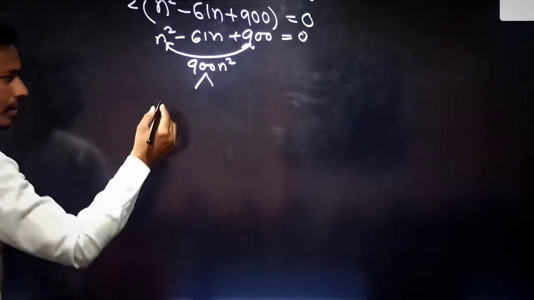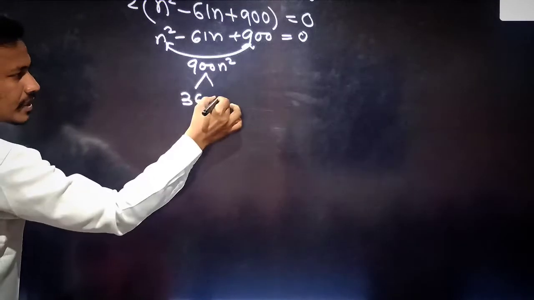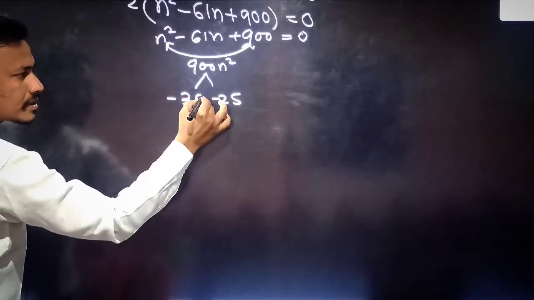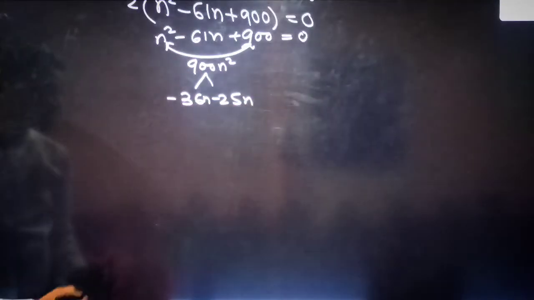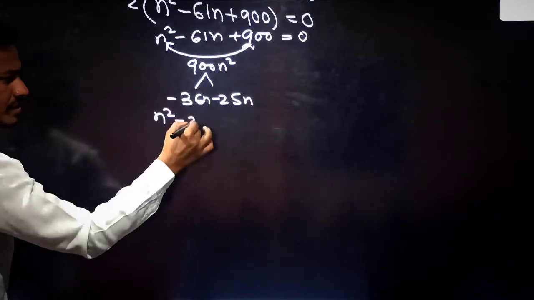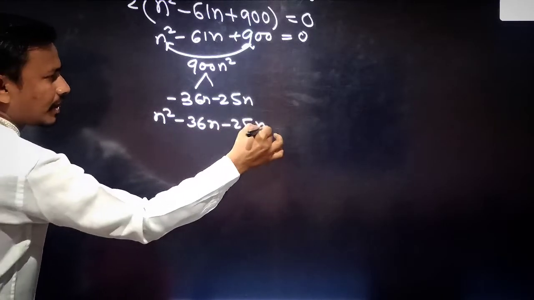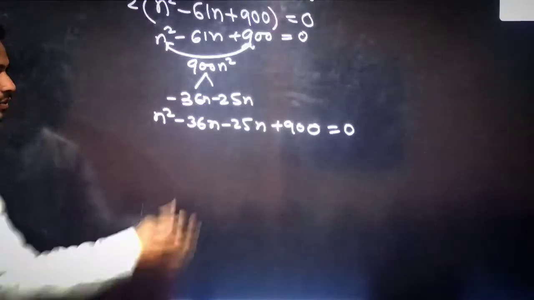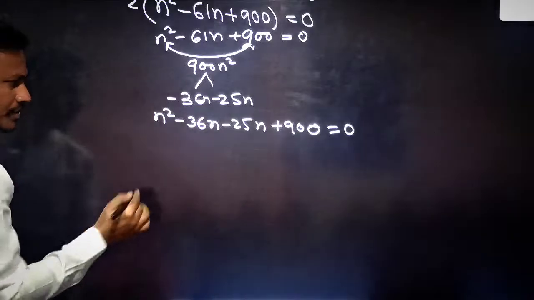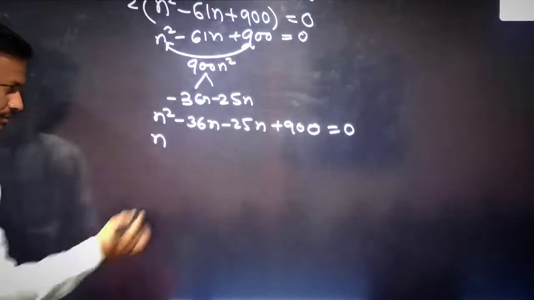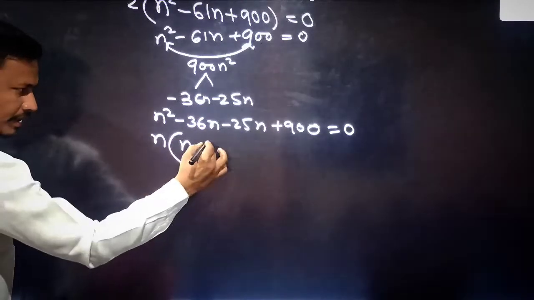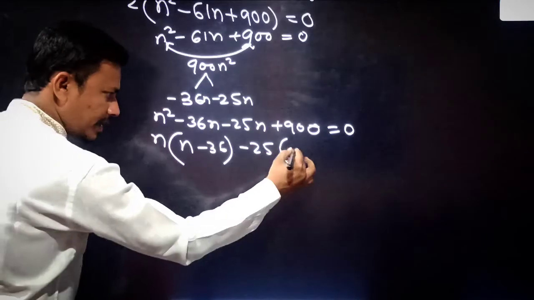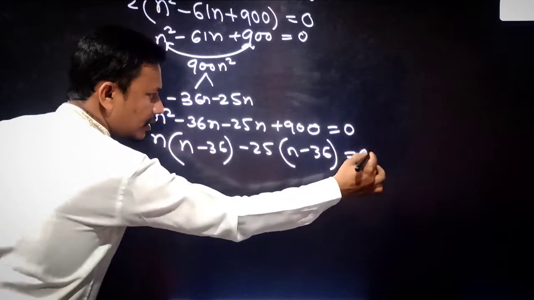We need to multiply 36 and 25, and both are minus. Next, n square minus 36n minus 25n plus 900 is equal to 0. You have to remove the middle term, you have to add these two terms. What is common here? n in bracket n minus 36, minus 25 in bracket n minus 36 is equal to 0.